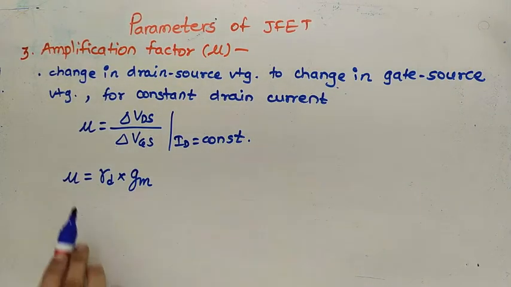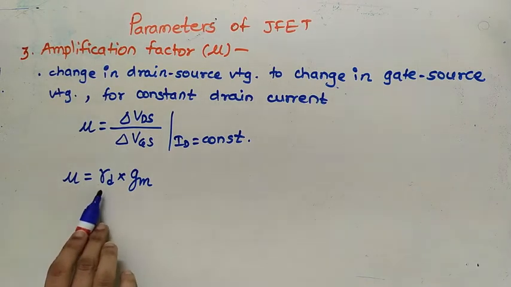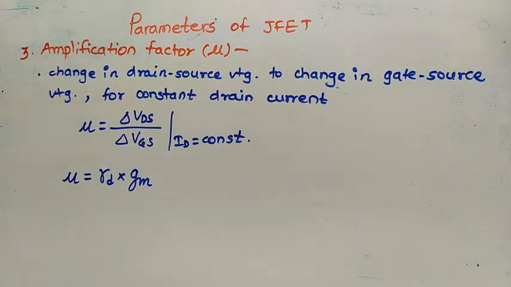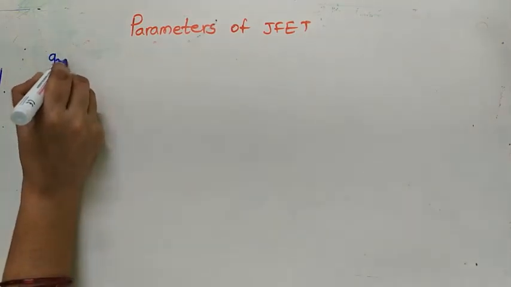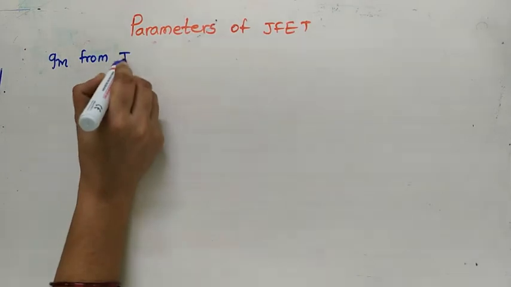Means this amplification factor is a product of dynamic drain resistance and transconductance of JFET, and the value of this amplification factor is very high. Now we'll see, we can find out Gm from transfer characteristics.